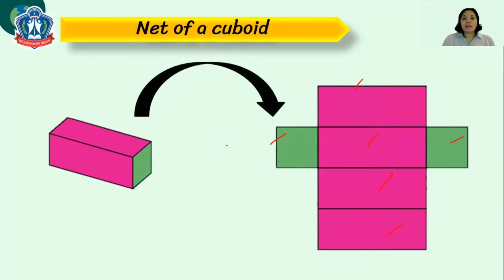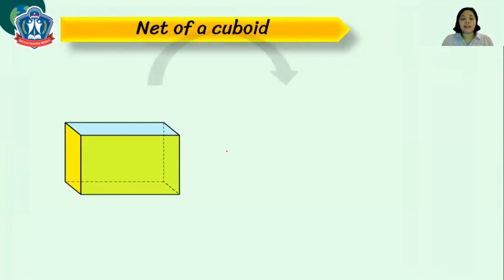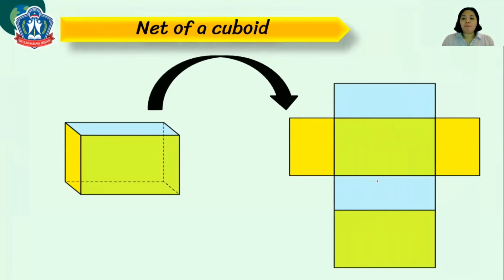There is also another net of a cuboid wherein all the faces are rectangles. So you have two big rectangles, two long rectangles, and two small rectangles for the end sides. If you want to make a cuboid, take a look: you have two identical big rectangles, then these two rectangles should also be the same length, and also these two. So this is the net of a cuboid.